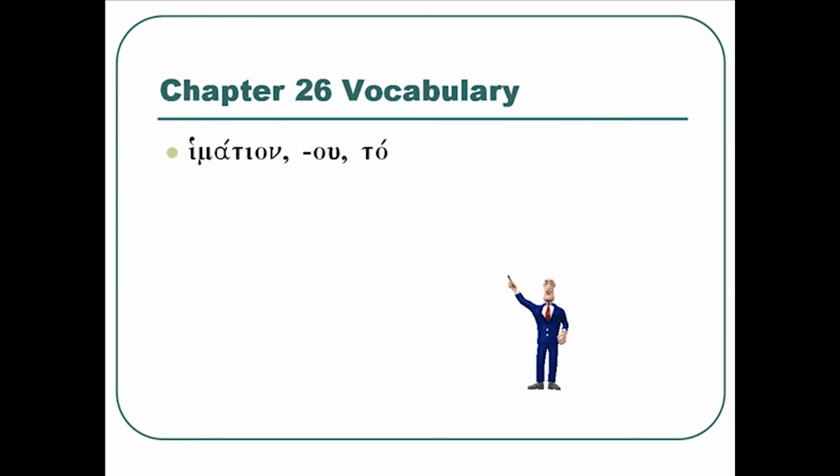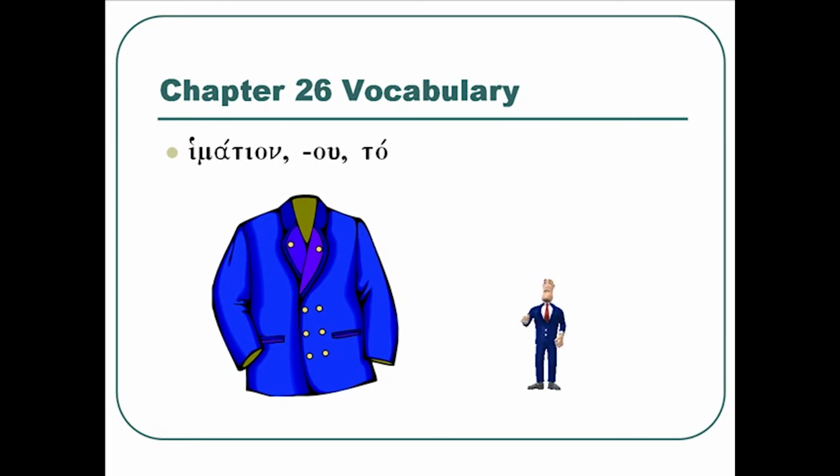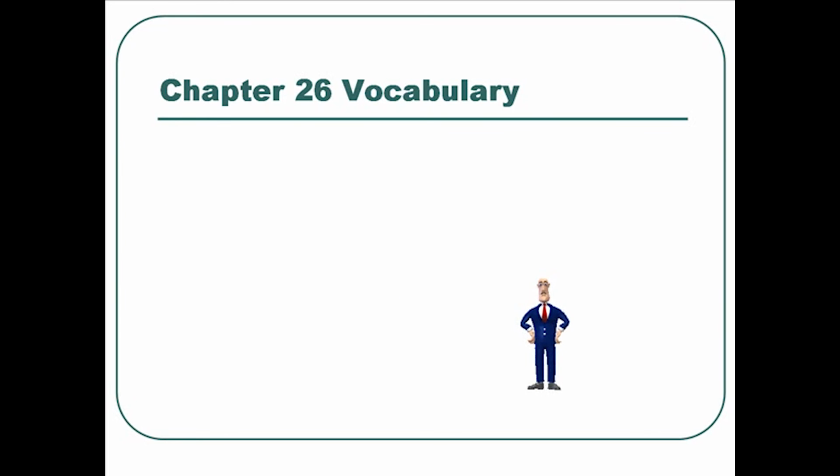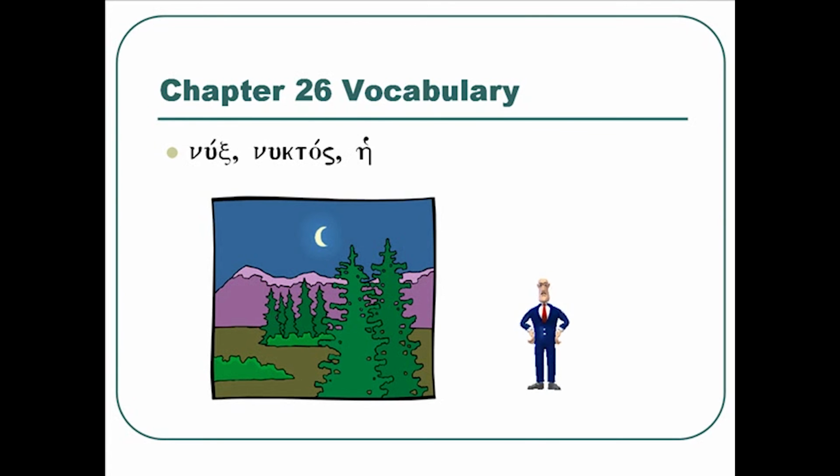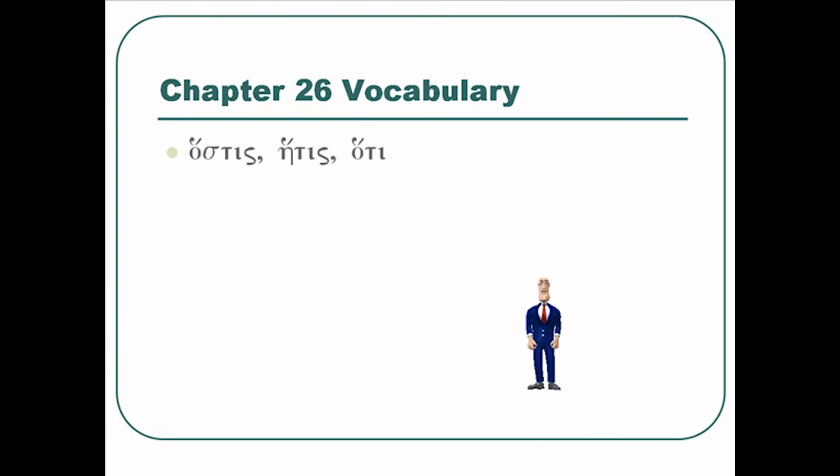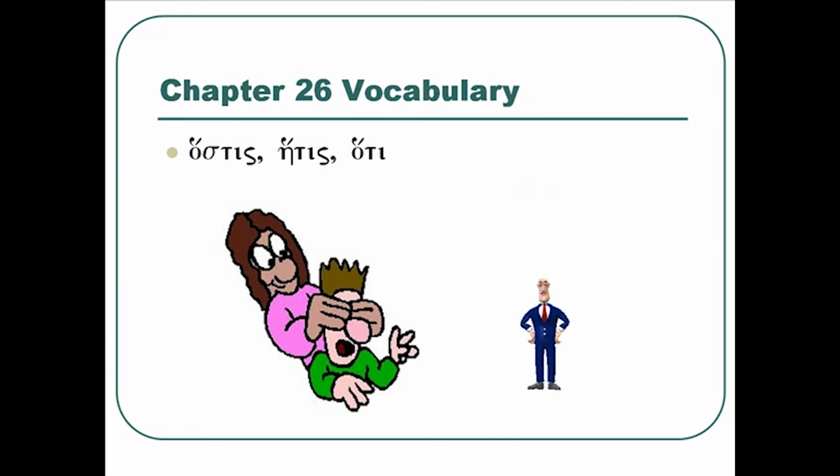The third word is himation, and it means garment. The fourth word is nux, and it means night. The fifth word is hostis, hetis, and ho ti, and it means whoever or whatever.